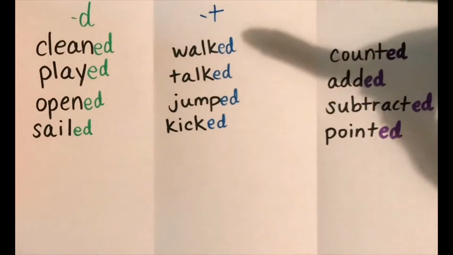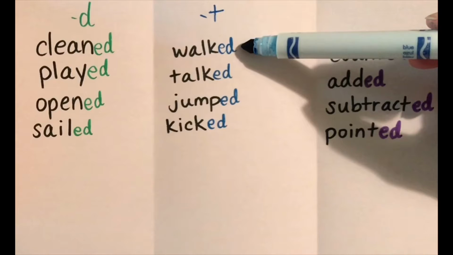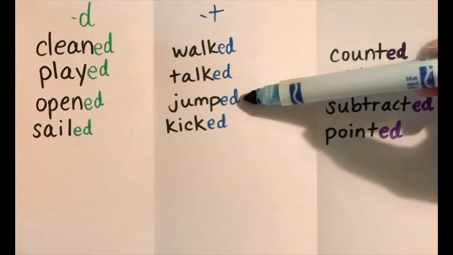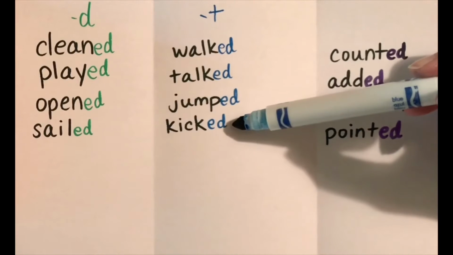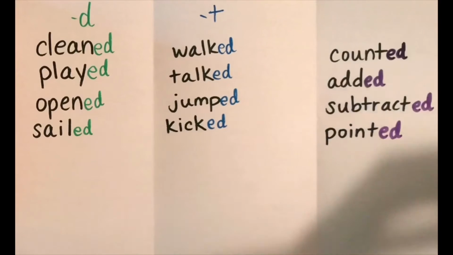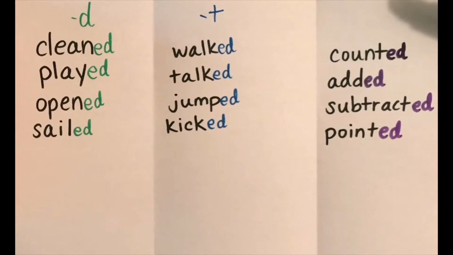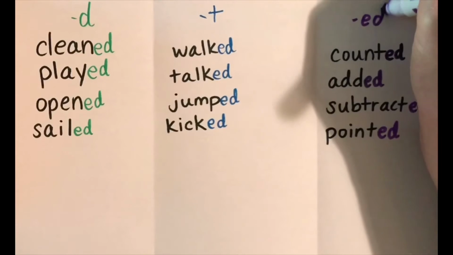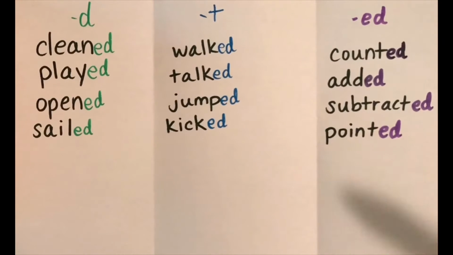So for example, I would read this word walked, talked, jumped, kicked. Last, the ed ending can make the sound of a short e plus a d, literally ed. So I would read this word counted, added, subtracted, pointed.